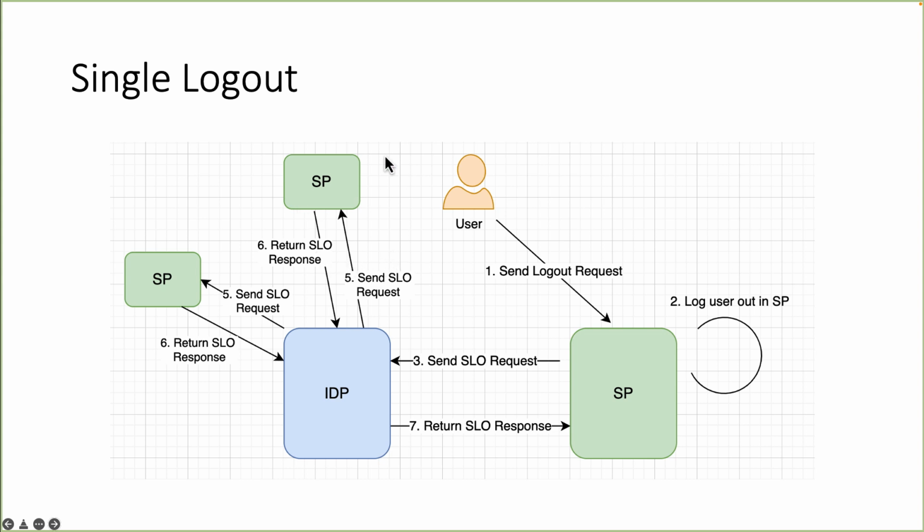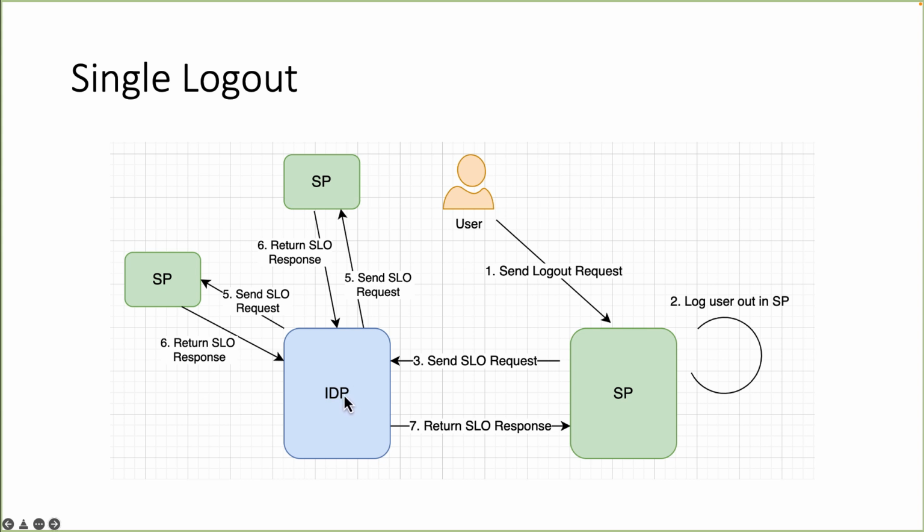On the other hand, all the other SPs need to support SLO too, by receiving the SLO request sent by the IDP and then returning the SLO response to the IDP. If one of the SPs doesn't support that, the IDP won't be able to fulfill the entire logout flow, and hence cannot send a successful response back to the SP.